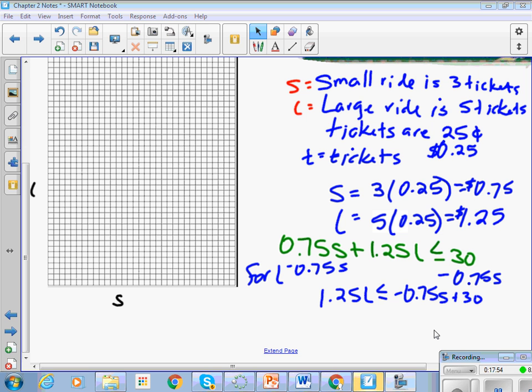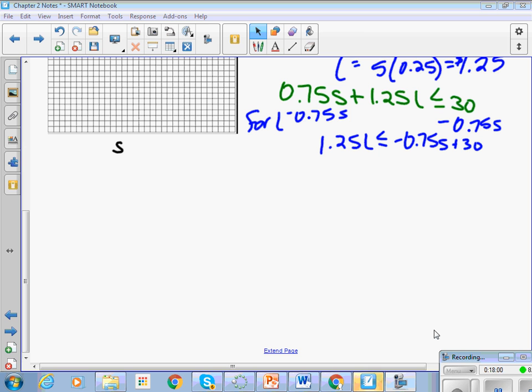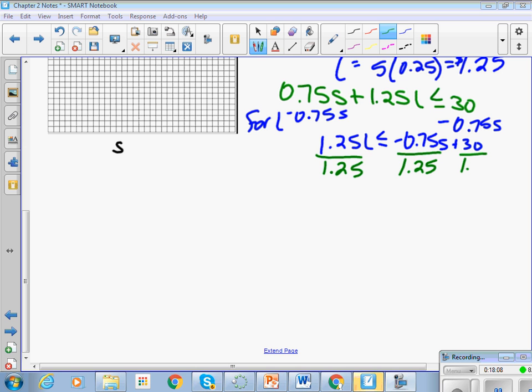To get L by itself, what do I have to do? Divide by the 1.25, and make sure you divide everything by the 1.25.